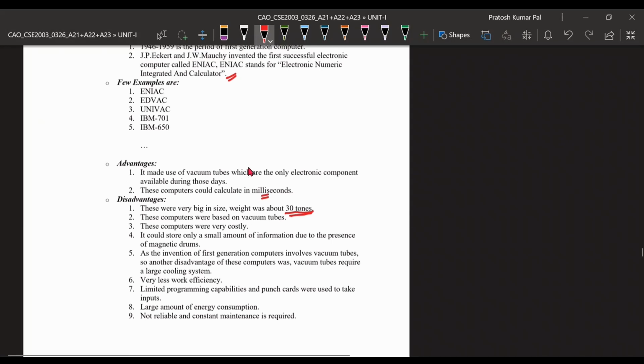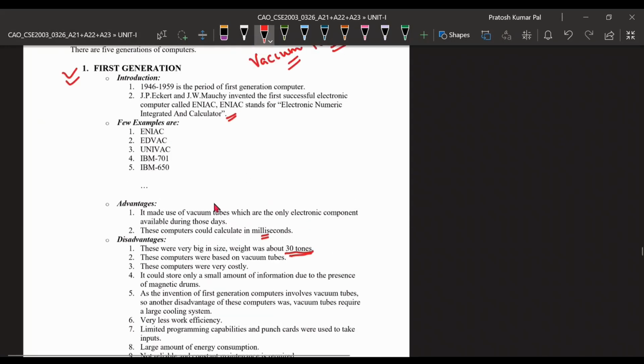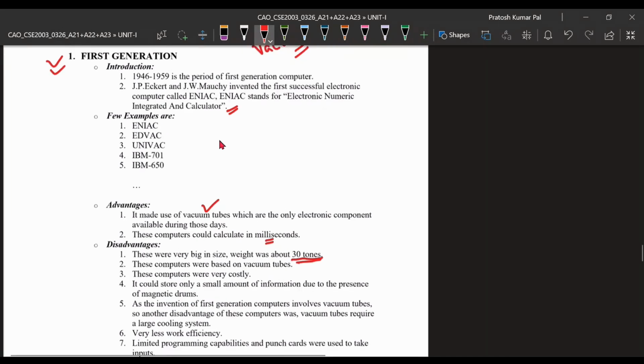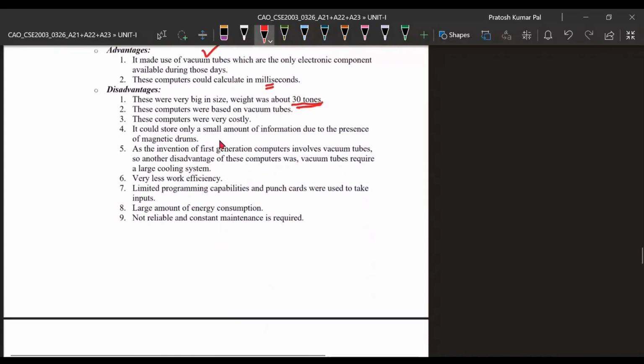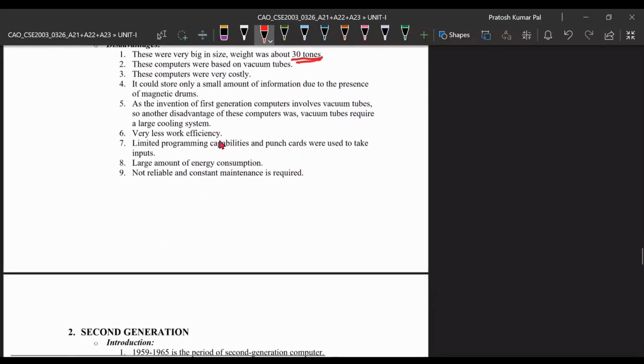Because of the vacuum tubes only it was of that size, because a single vacuum tube was about the size of a laptop. That's why it took a larger size. There are also different disadvantages we can see, based on the vacuum tubes.